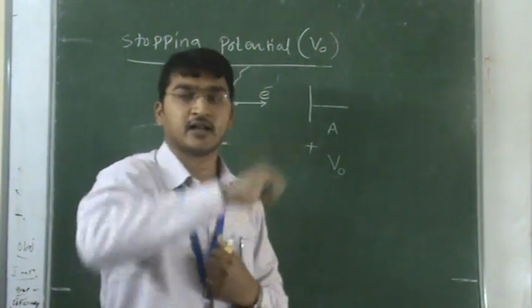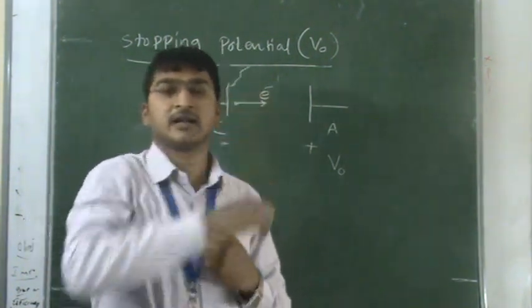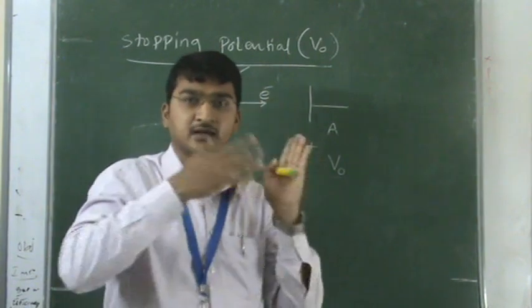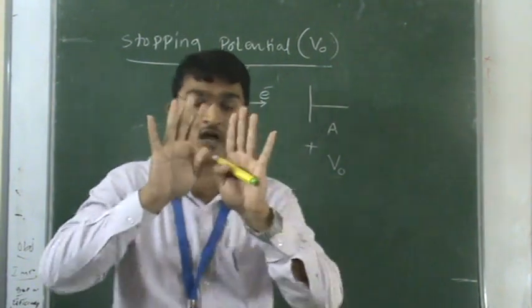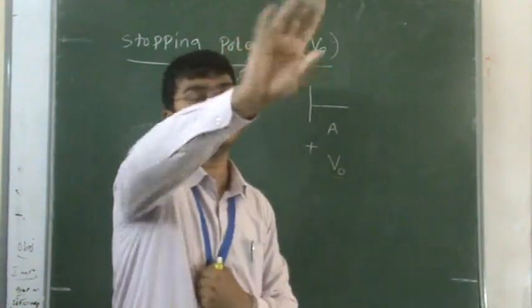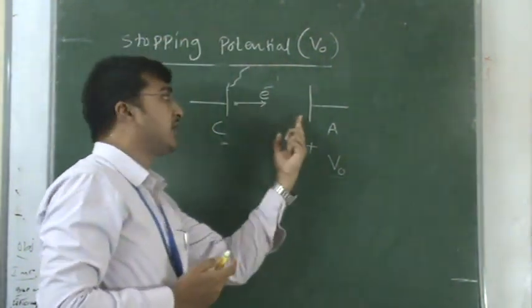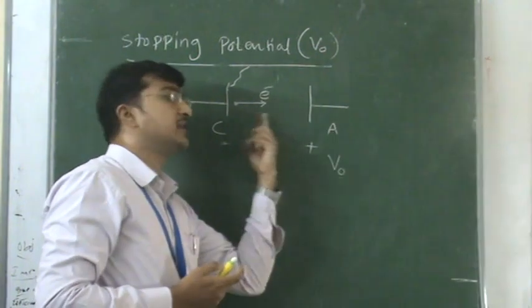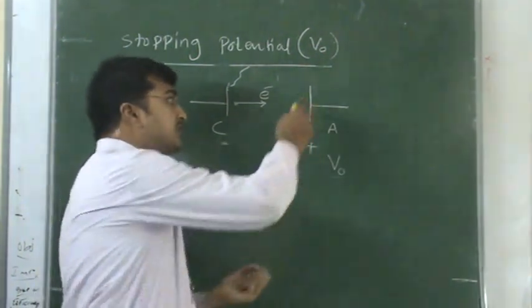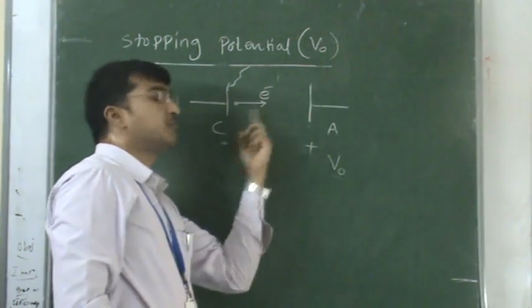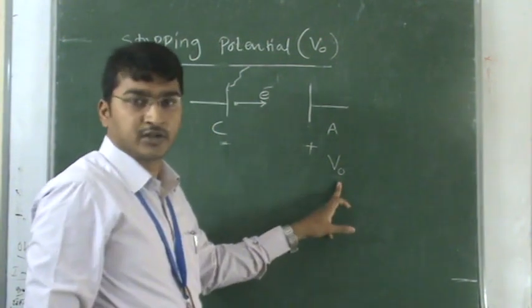We need to stop those electrons. To stop them, the anode has to apply some opposite energy which is equal to the kinetic energy of the electrons. So the energy acquired by the anode plate to stop the electron is because of the stopping potential.